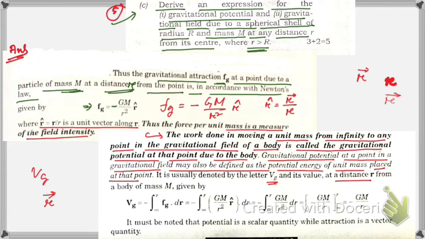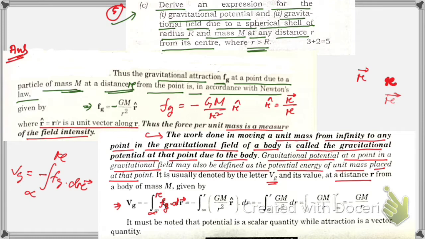Now the gravitational potential Vg is given by minus integration from infinity to r of Fg dot dr vector.